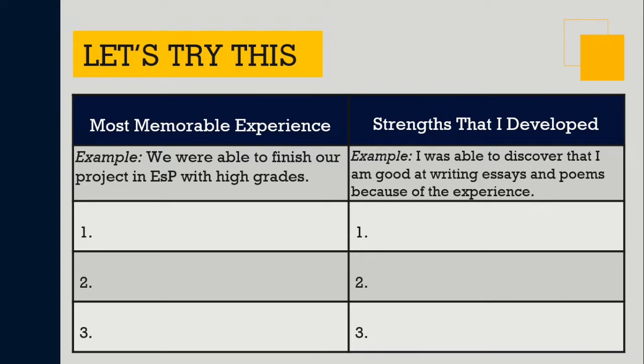The example given is you were able to discover that you are good at writing essays and poems because of that experience. So you have to list down the top 3 most memorable experiences and also the strengths that you have developed with those experiences.